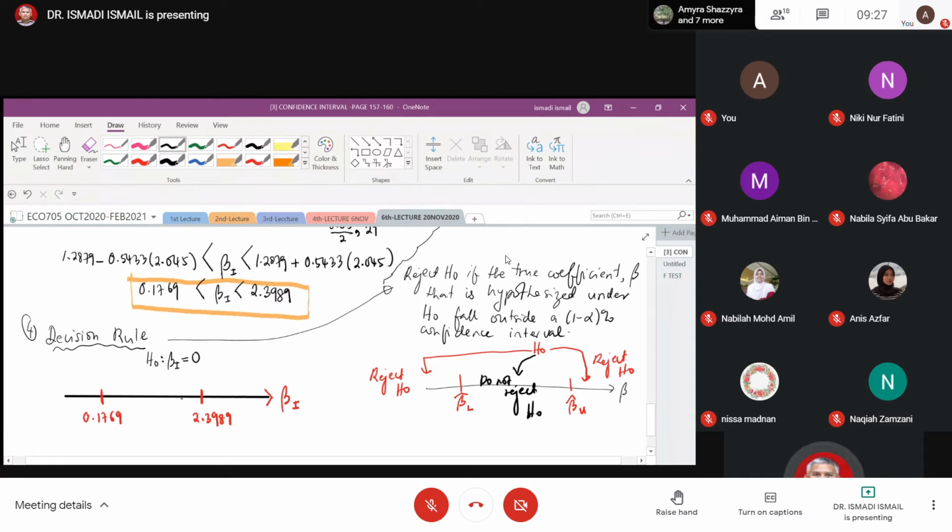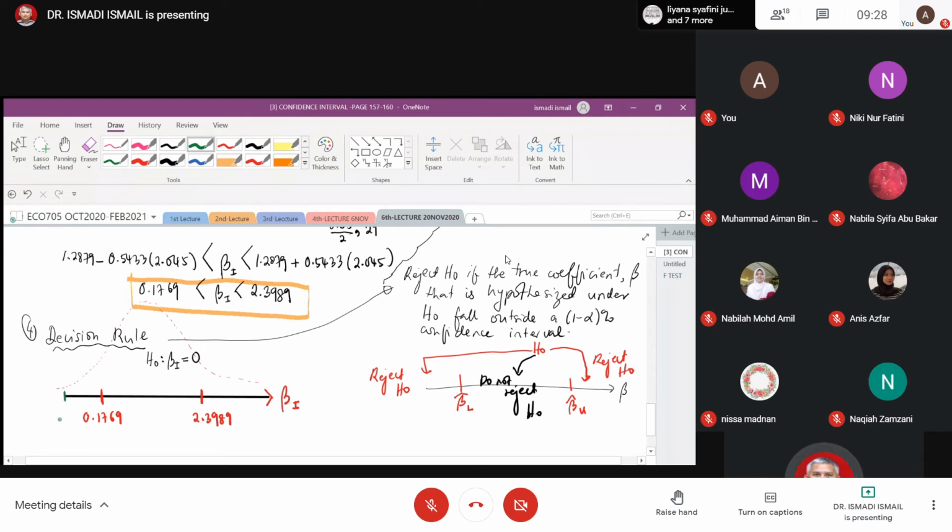Okay, this diagram is actually like this. It is a distribution. So the true coefficient of beta for variable I is equal to 0. This is 0.1769. This is 2 point something. So the value of 0 will lie somewhere here.